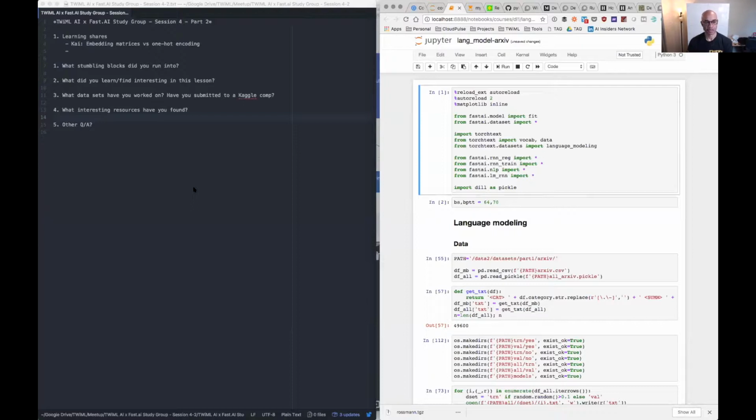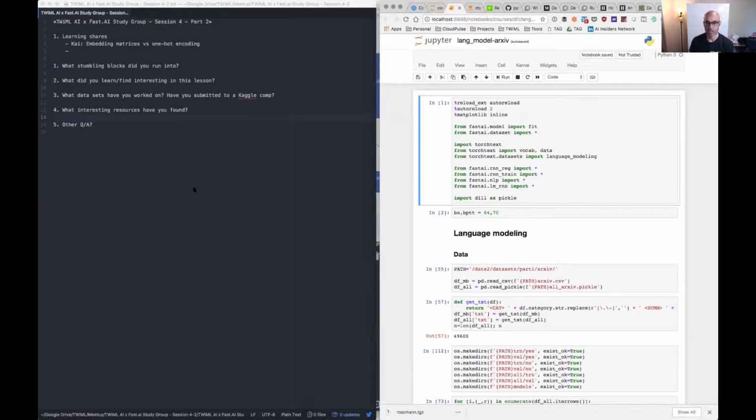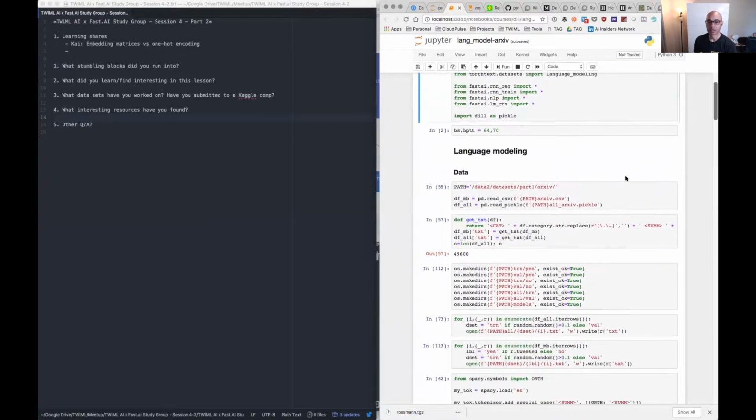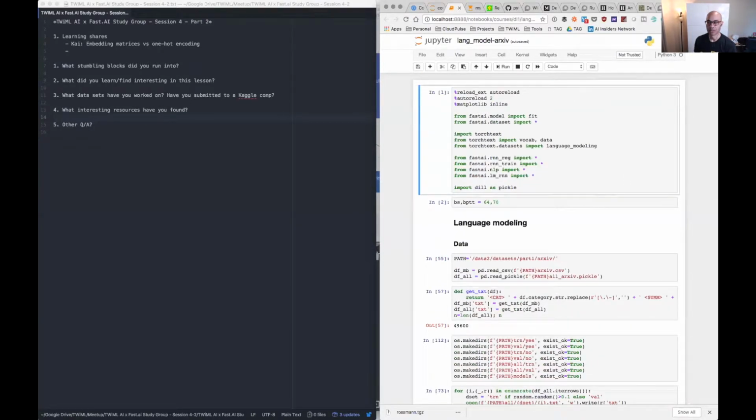And I think Kai was going to talk about embedding matrices and one-hot encoding. Was anyone else going to do something like that? I think Joey in the Slack mentioned something about RNNs. Does not seem that he's on in the list. All right. Well, Kai, do you want to jump into your mini presentation?